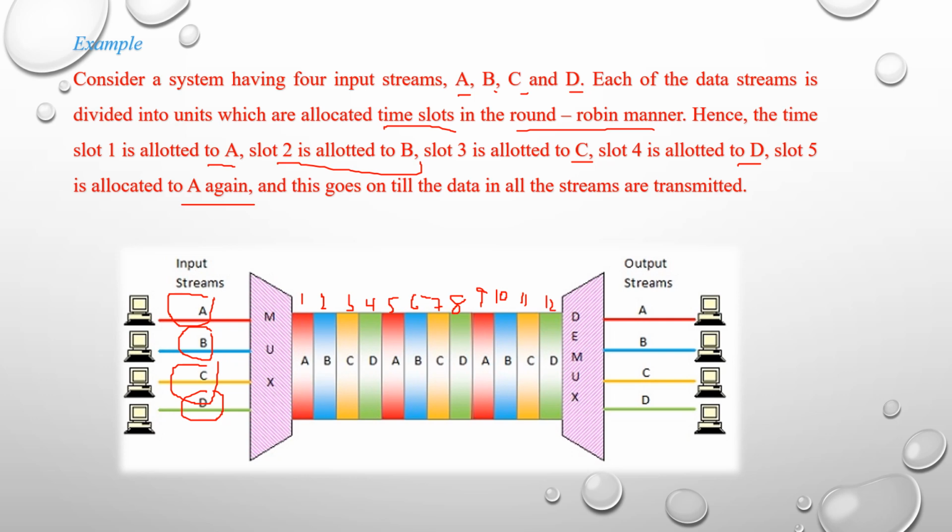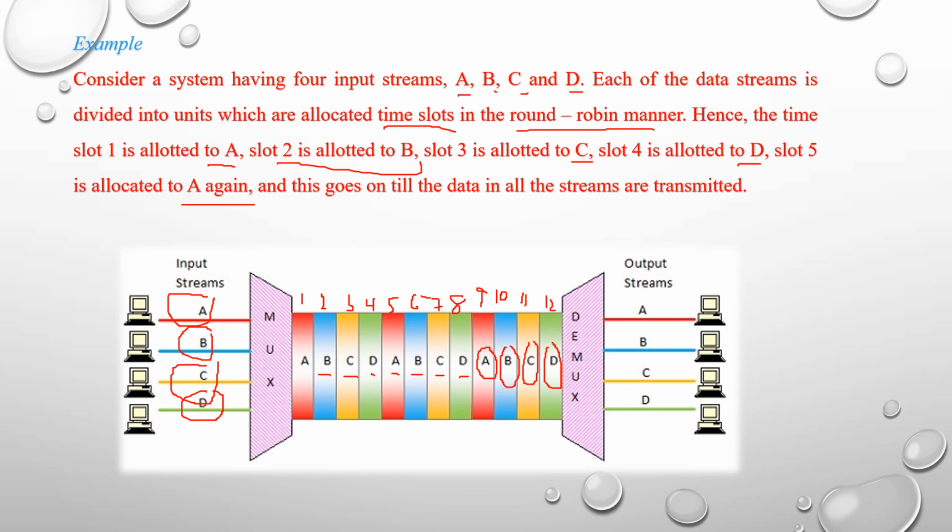The first slot we allocated for A, the second slot for B, the third slot for C, and the fourth slot for D. Again, the fifth slot for A, sixth for B, seventh for C, and eighth for D. And again, the ninth slot for A, 10th for B, 11th for C, and 12th for D. So this is the common channel. This is the multiplexed output.